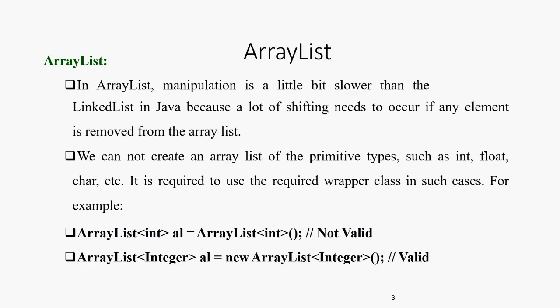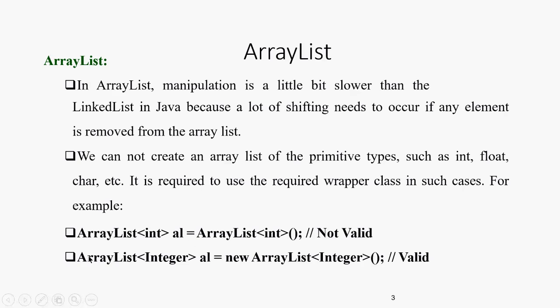ArrayList manipulation is a bit slower. Why? Because a lot of shifting has to be done when you want to remove an element from a list. And when we are creating a list, you will have to concentrate on the wrapper class required for it. You cannot directly create it using the primitive data type.